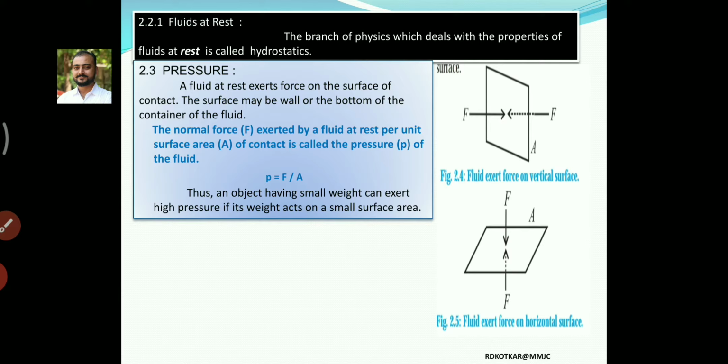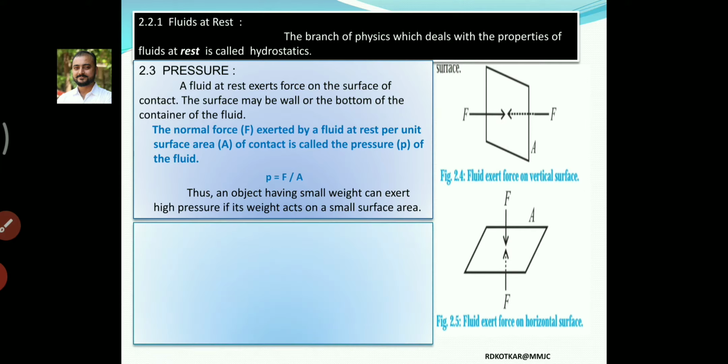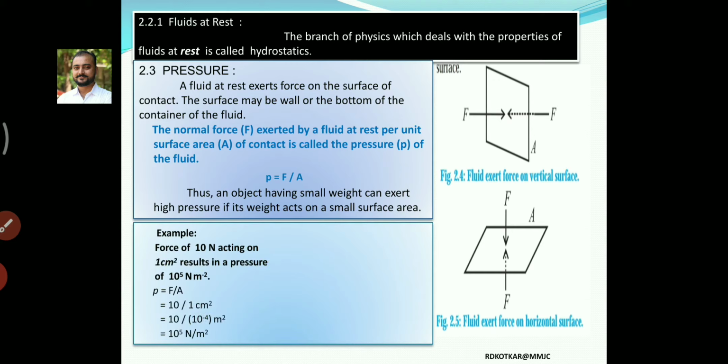Here, simply for that we go through this example. It contains a force of 10 Newton acting on 1 centimeter square, which results in a pressure of 10 to the power 5 Newton per meter square.